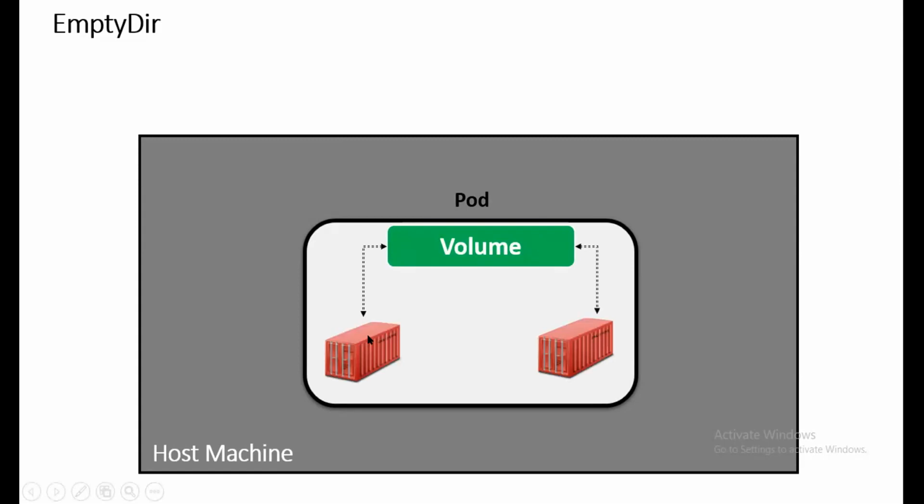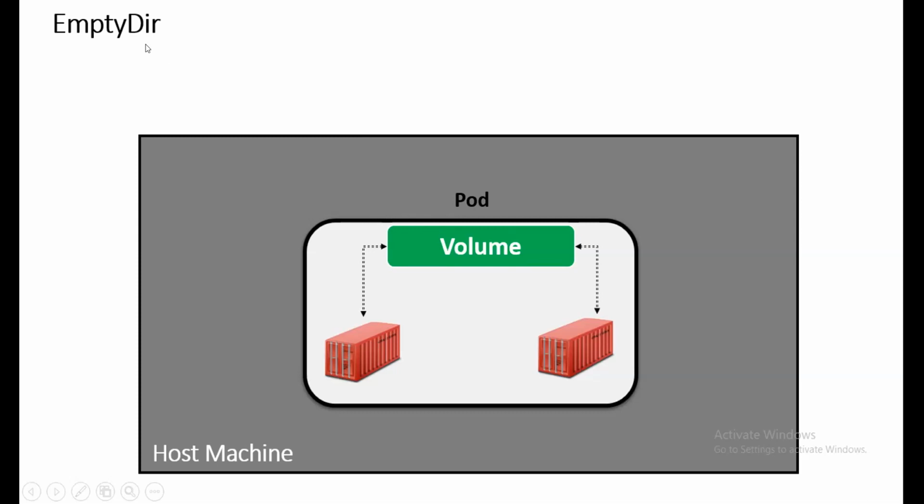And if you want to access one container from another container, or share a folder from one container to another container, then you are going to use a volume of the type emptyDir. Because in Kubernetes, a volume is not just container level, it is pod level.